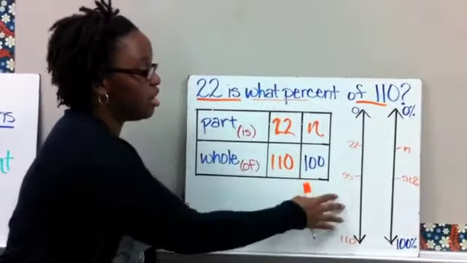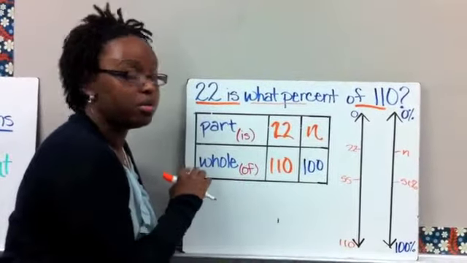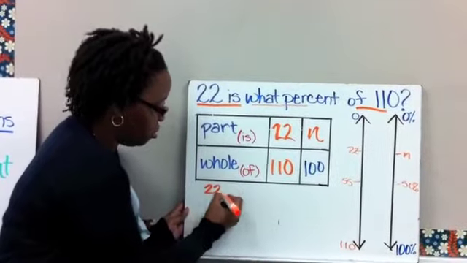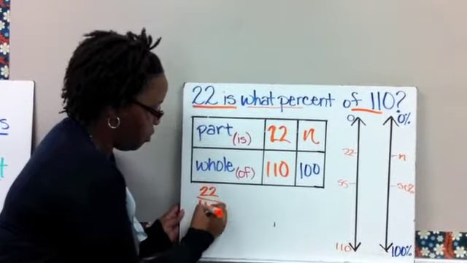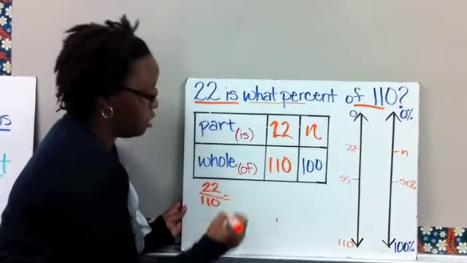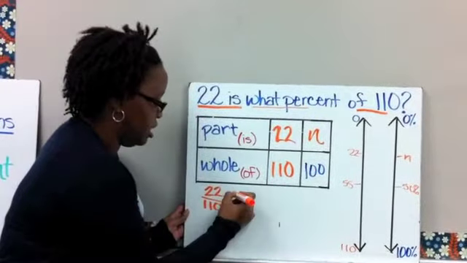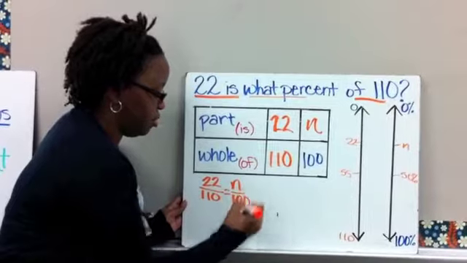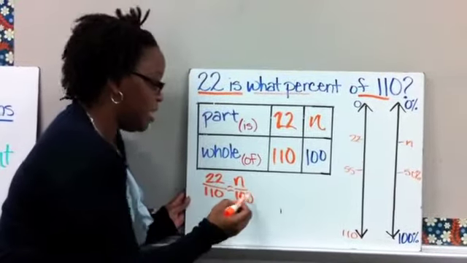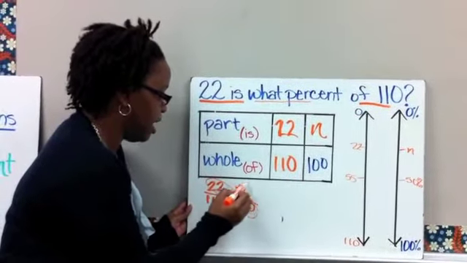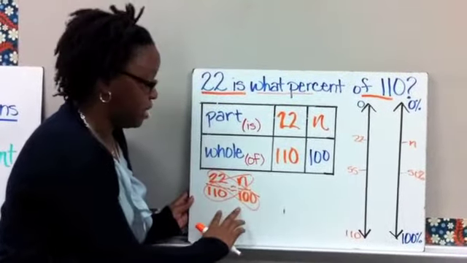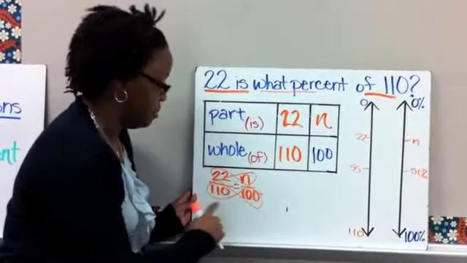Let's go ahead and use our benchmark or our table to set up our proportion. We've got 22 over 110 is equal to n over 100. From here, we know how to cross multiply and divide. I have an equation set up here because my cross products have to be equal.